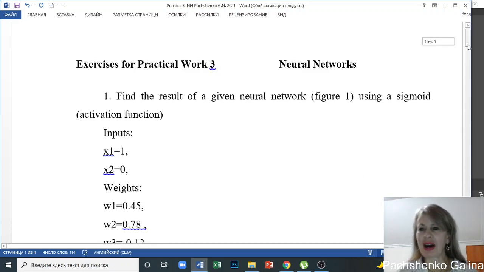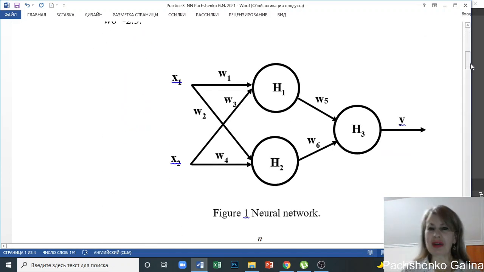Let's consider our small neural network. It consists of 3 neurons: neuron 1, H1, neuron 2, H2, and neuron 3, H3.